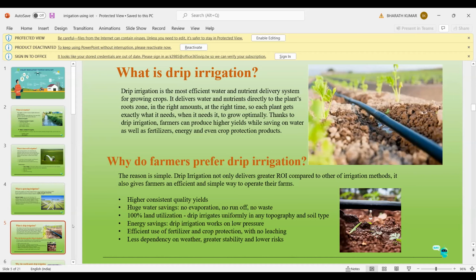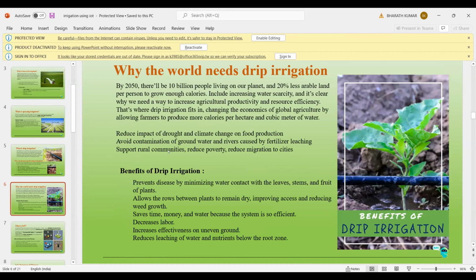Now, the major benefit of drip irrigation is to prevent diseases by minimizing water contact with the leaves, stems, and fruits of plants. It allows the rows between the plants to remain dry. It is used to save money, time, and waste, and we can use it to decrease labor and increase efficiency even on uneven ground.